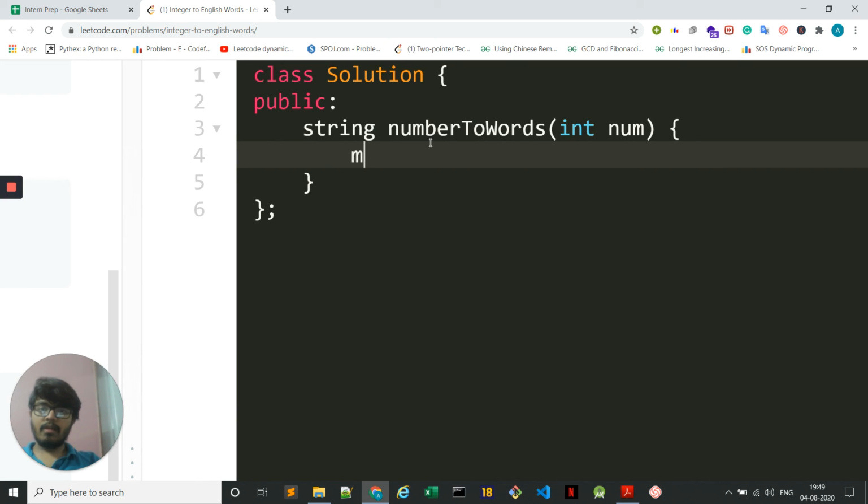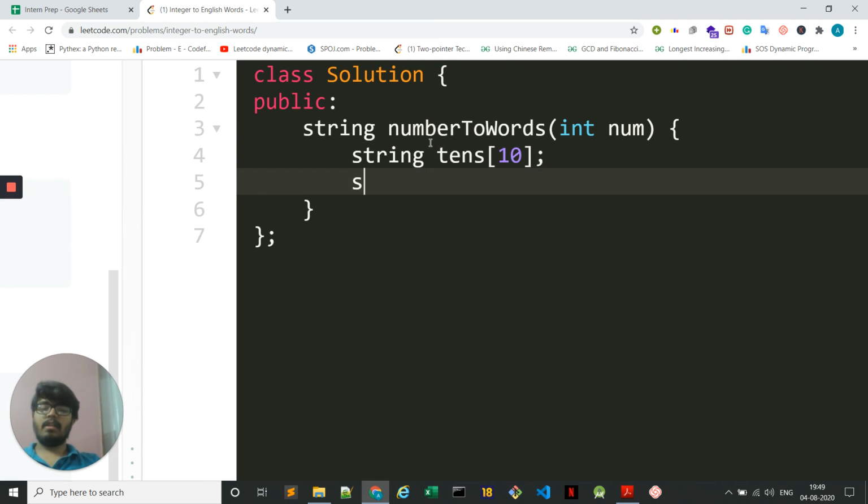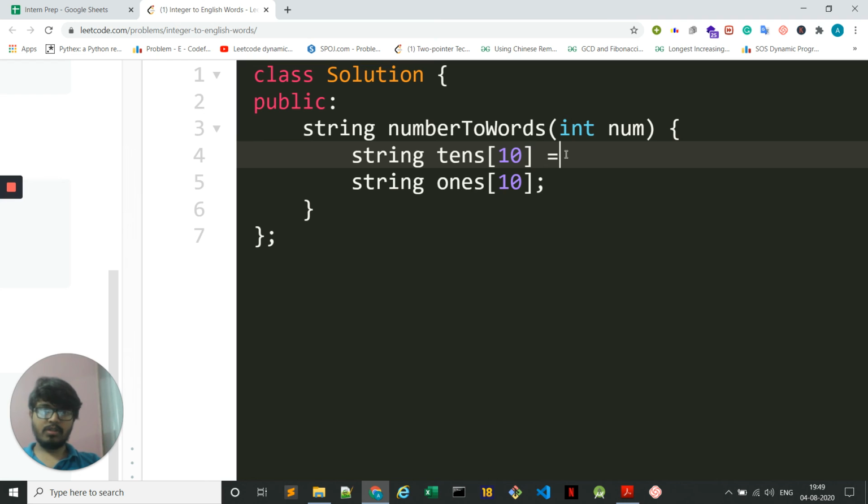Let me make a map, or maybe we can create a string array of tens, where we will have 10 options, and then a string array of ones. So what are the options in this case?